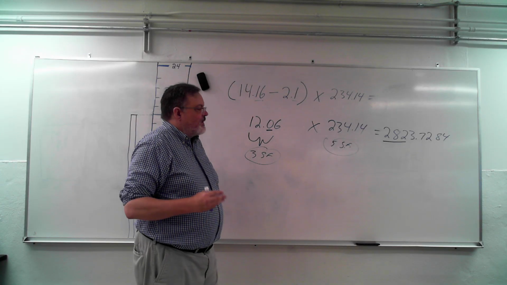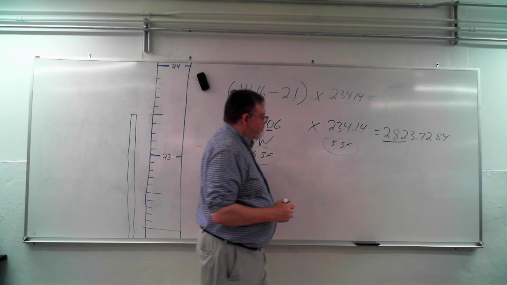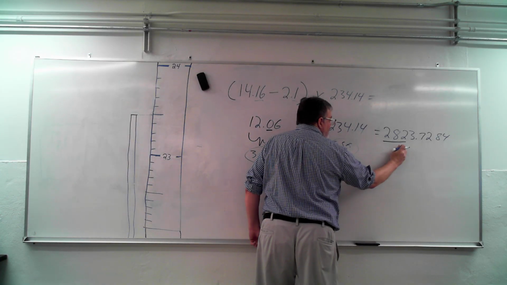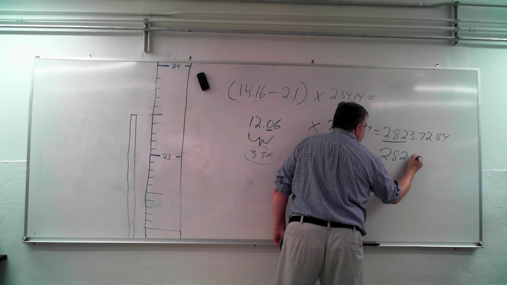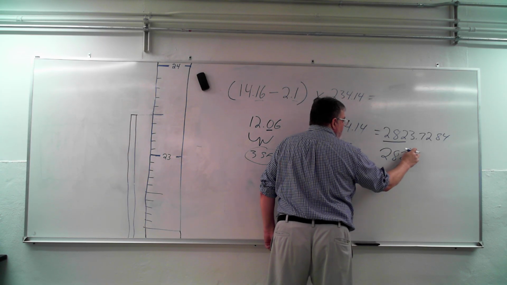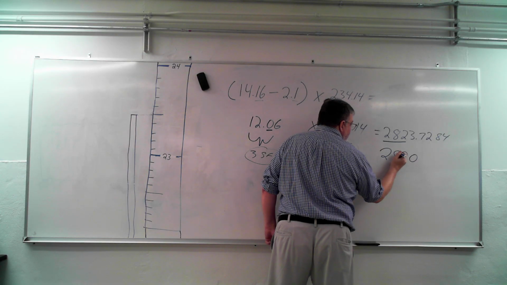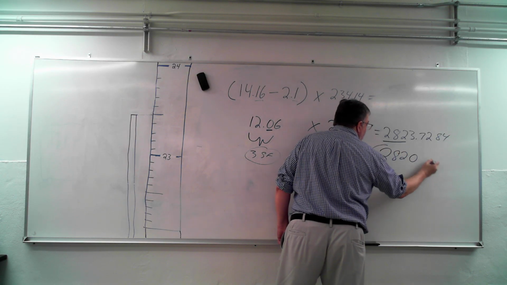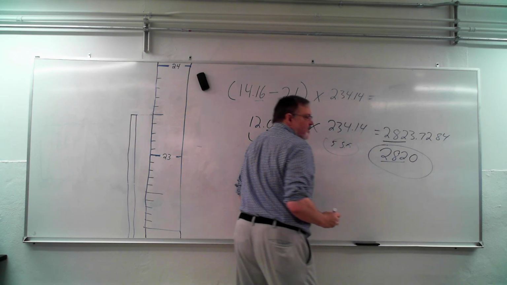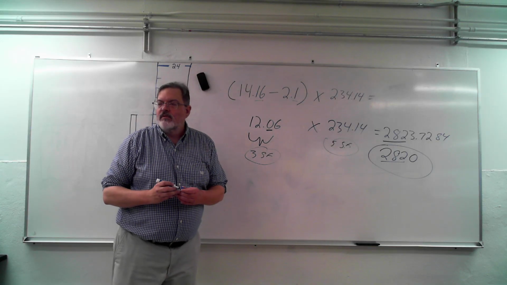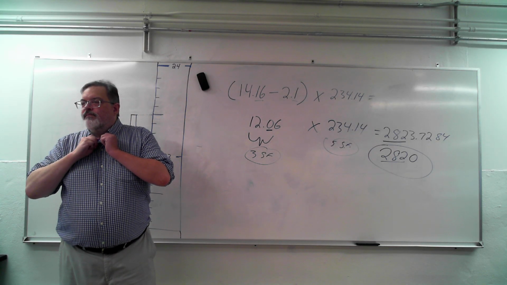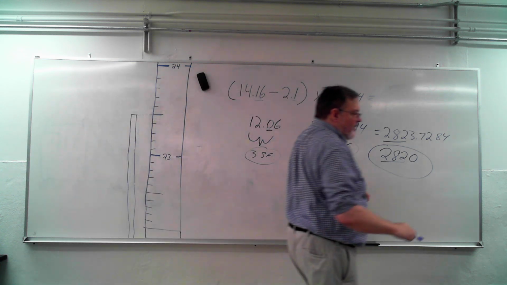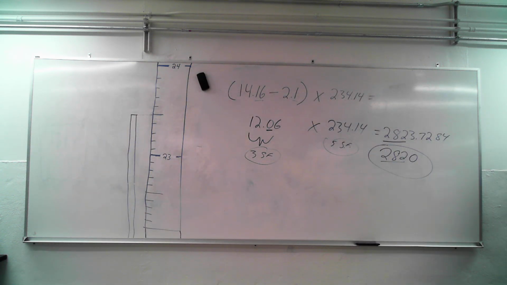I need my answer to be 3 significant figures. The 3 does not round the 2 up, so I've got 2, 8, 2, and I'm going to put a 0 there where the 3 was. And I'm not going to put a decimal there, so that I indicate that there's 3 significant figures. Did you follow that? What I have next is exercises that you can do.